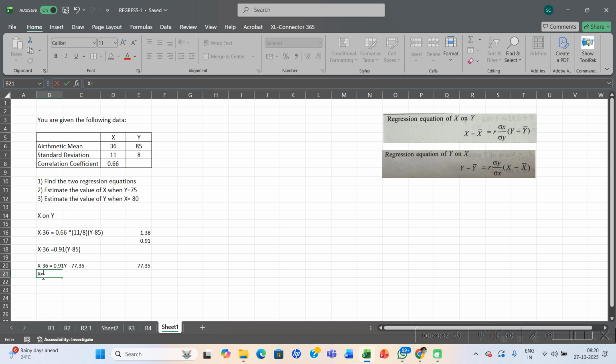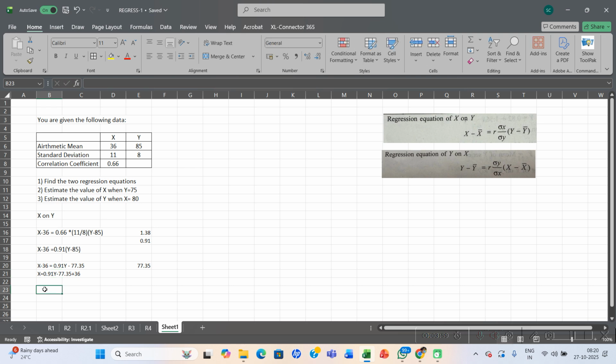So it will be x equal to 0.91y minus 77.35 plus 36.